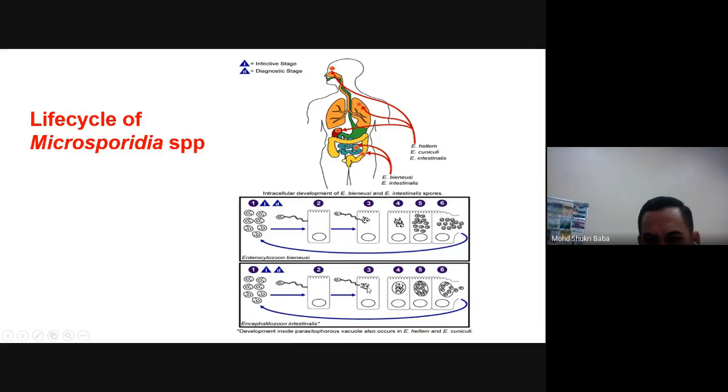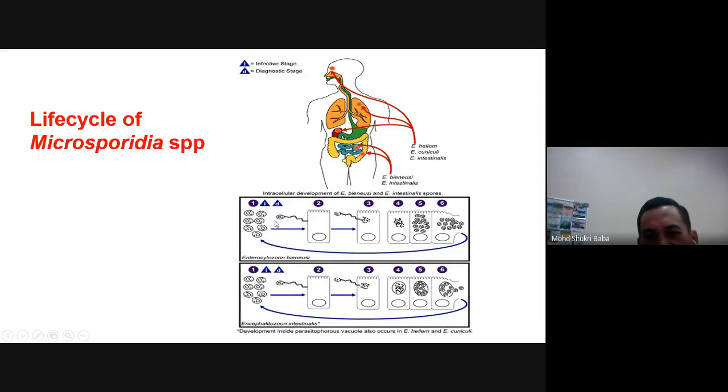Tapi yang ni lain sedikit. Sporoplast tu akan masuk ke dalam vacuole host dulu. Sporoplast yang dikeluarkan tu akan masuk ke dalam vacuole host dulu dan dia berkembang dalam vacuole host tu dan dipecahkan vacuole host tu dan dipecahkan sel host itu, barulah dia berkembang keluar dan infect sekali lagi.